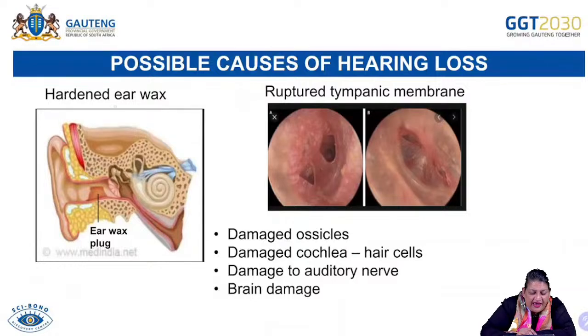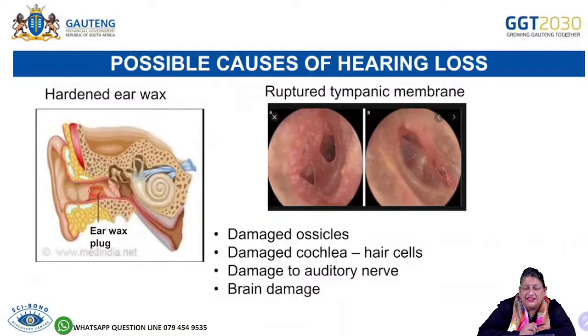So here's your pinna, and here you can see a wax plug that's completely blocking the pathway of sound. Now, wax is important because it acts as an antiseptic. It can kill an insect or ant that may crawl into your ear while you are lying on the grass, or while you're sleeping.